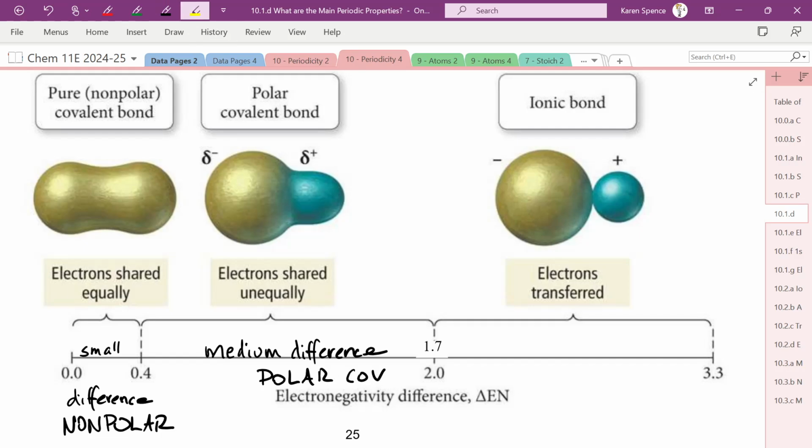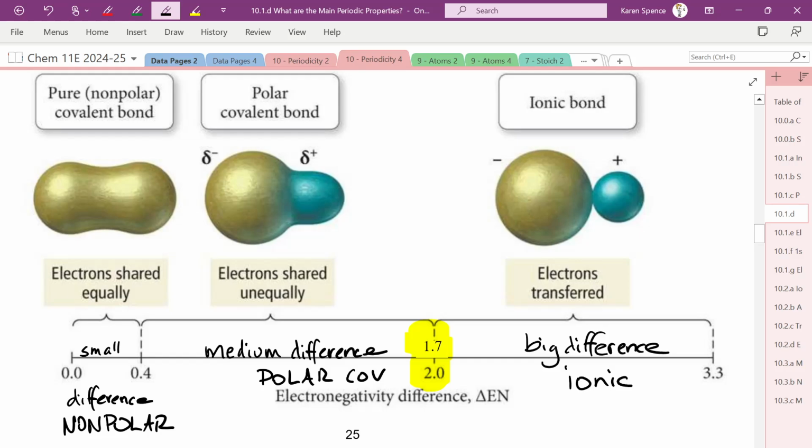And you'll notice, oh, look at this. We got a couple numbers there that separate the big difference from the medium difference. And that's because this is a continuum, right? These divisions are arbitrary. Yes?